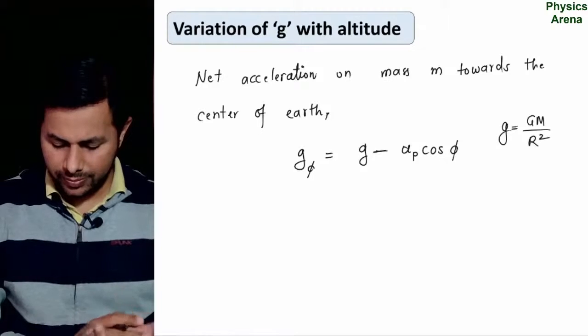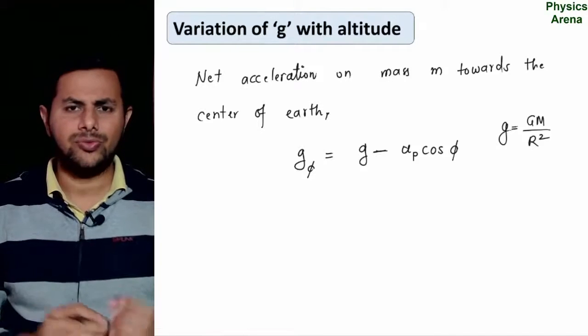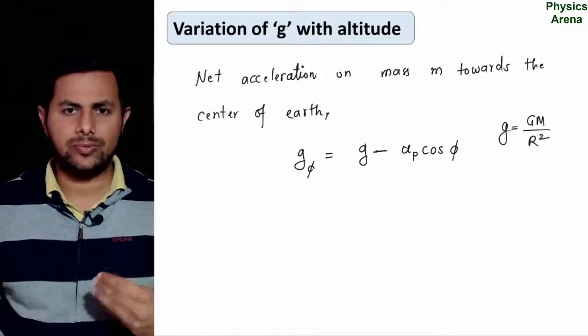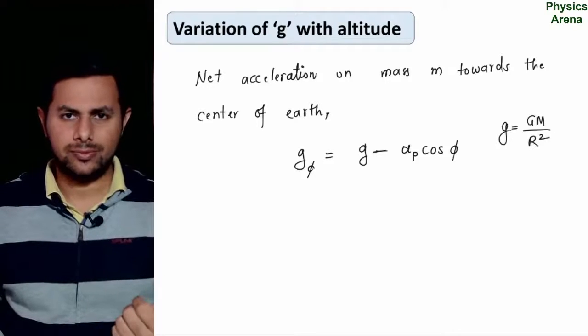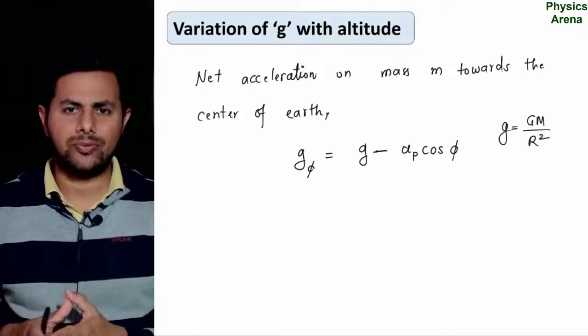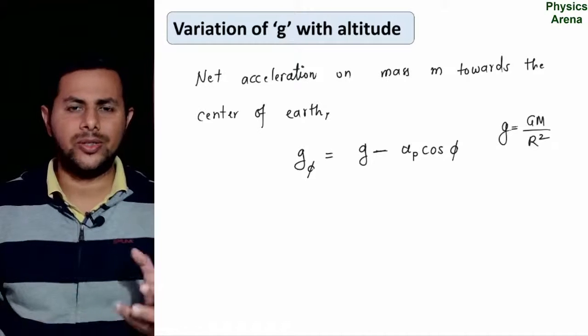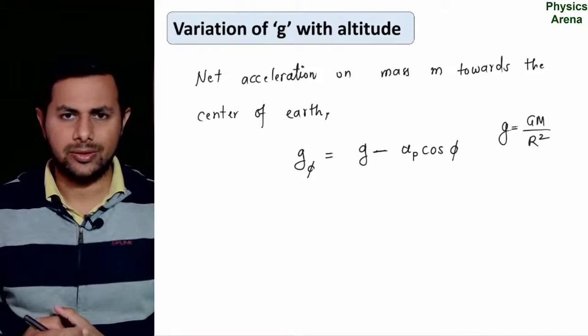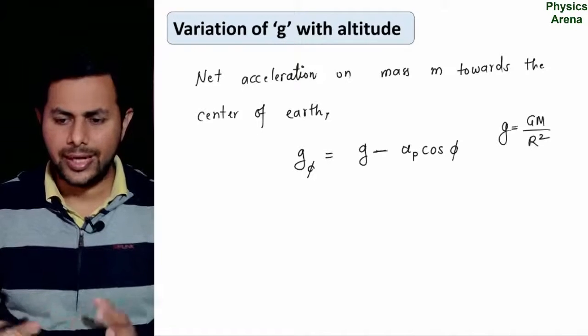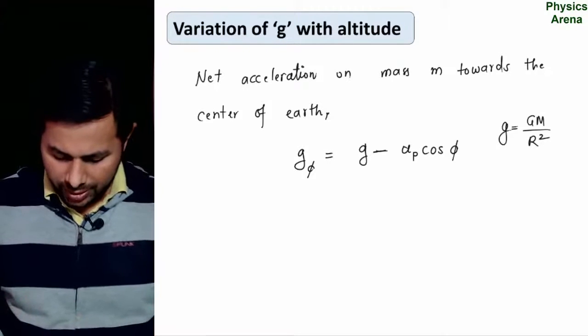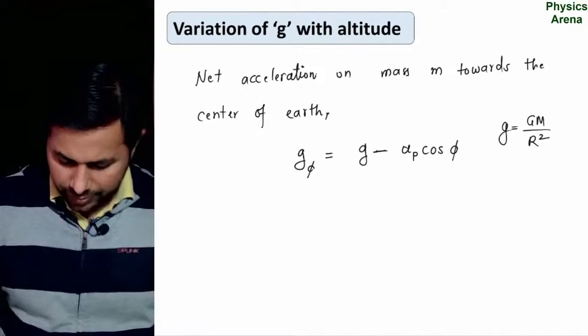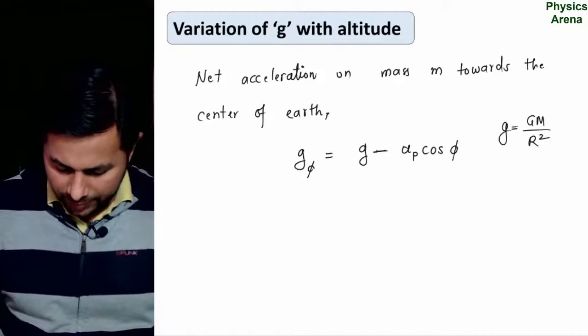A_p cosine phi is very small. It is of the order of 0.1 meters per second squared at max. We can calculate that, and I will tell you.